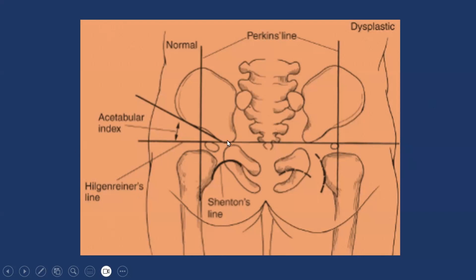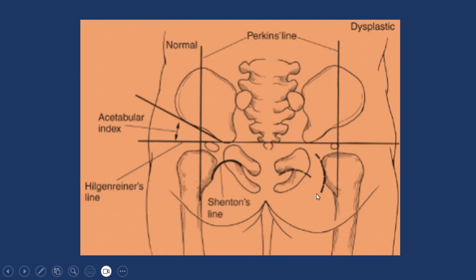The acetabular index is a line drawn tangentially to the upper margin of the acetabulum with respect to the Hilgenreiner's line. This angle at birth is more than 20, but then it declines. Why? Because you'll have better development of the superior margin of the acetabulum.